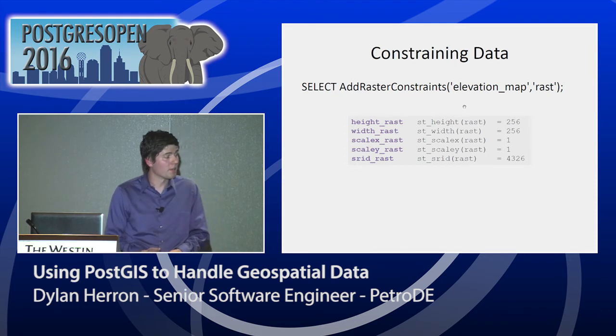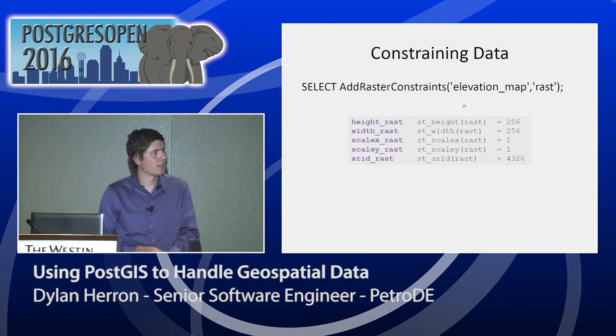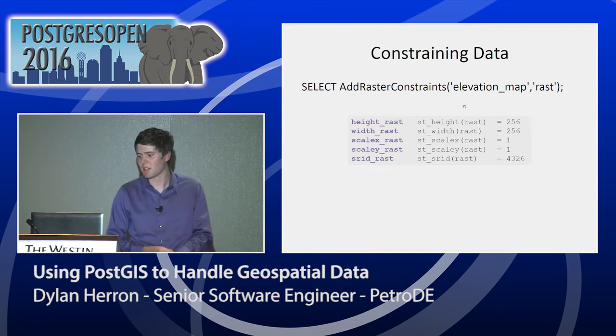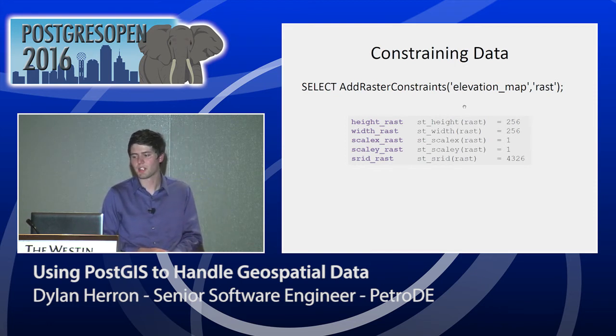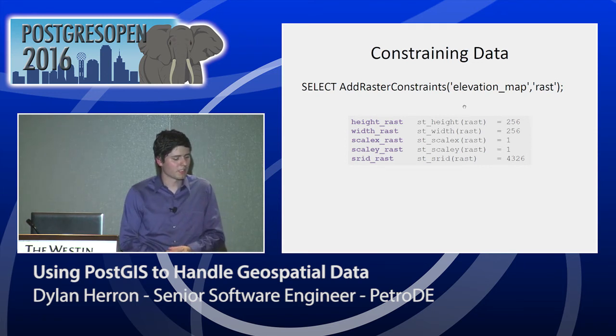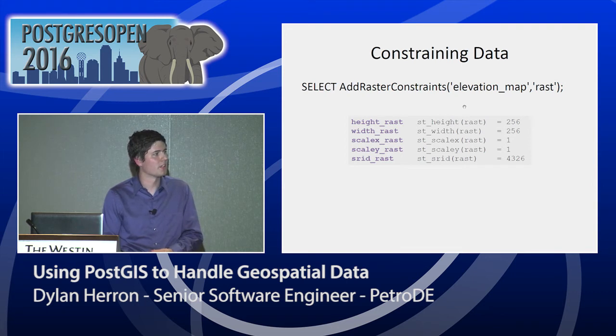A few of the constraints that I look for when I'm creating these tables are that my images all have the same width and height, scale, and spatial reference identification. There are a few others that check for alignment, and they're a little bit too long to put in a PowerPoint.